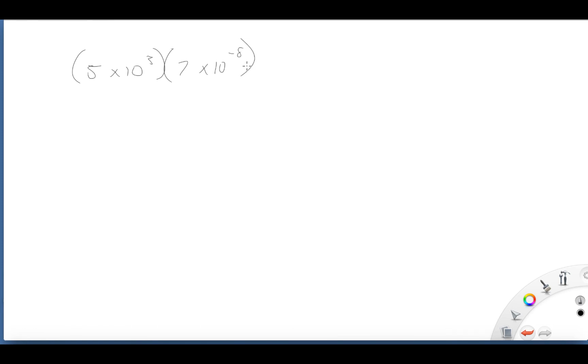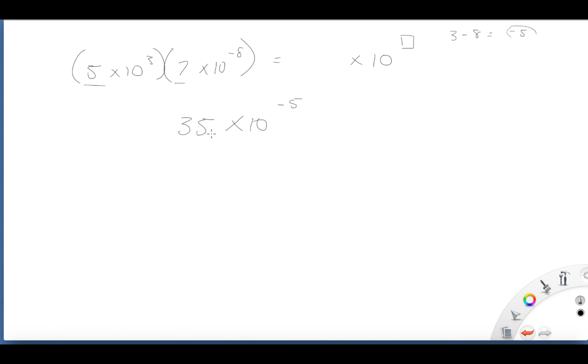Again, adding these two exponents, I know I'm going to get times 10 to the something power. 3 plus negative 8 is actually negative 5, right? If I have positive 3 degrees and I drop 8 degrees, I'm going to go to negative 5. Now, what is 5 times 7? Well, that's 35 times 10 to the negative 5th.